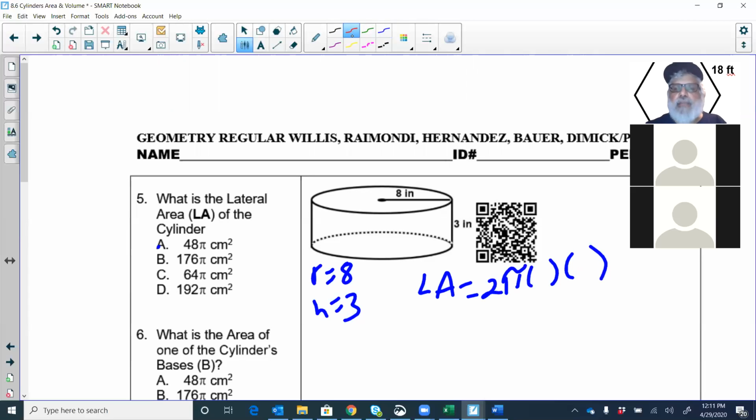I just plug it in. Remember, pi is part of my answer, so I move it out. So all you have to do is 2 times 8 times 3. So go ahead and do that.